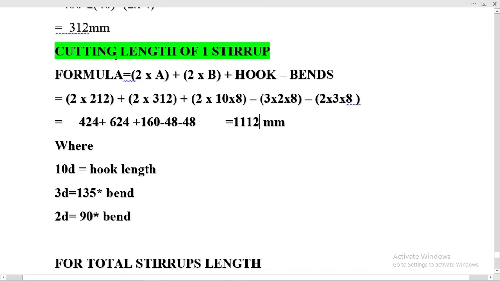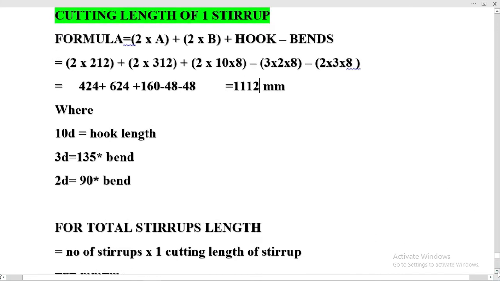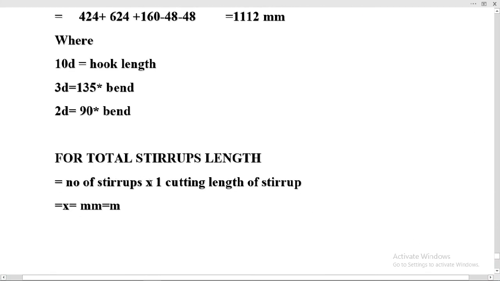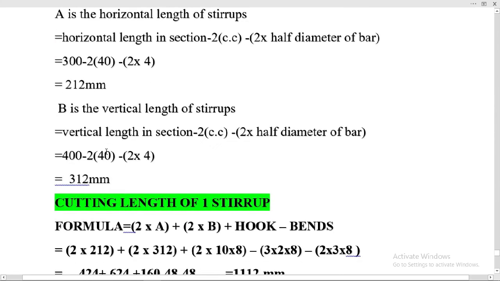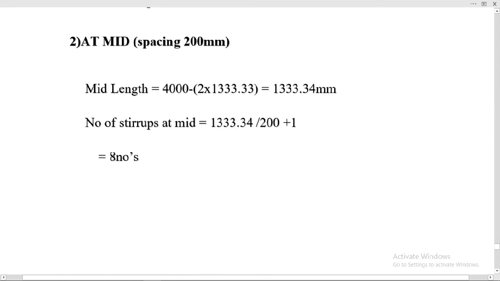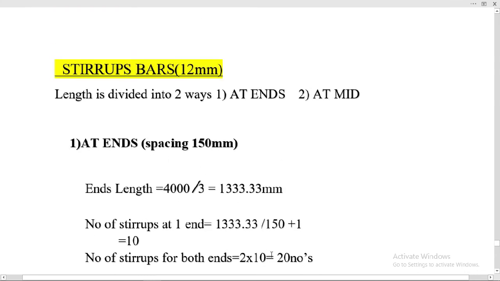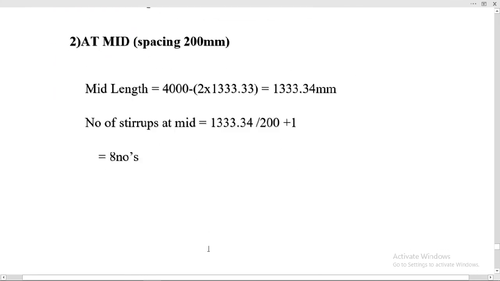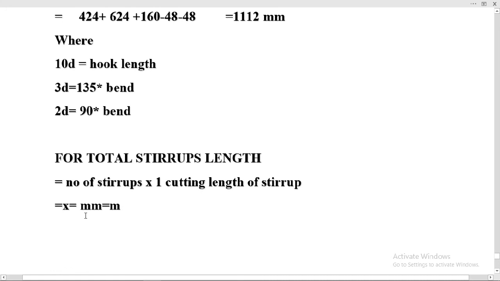So let's calculate the total cutting length required for all stirrups. Thus we will multiply the number of stirrups with the one cutting length of the stirrup. Number of stirrups, we have 20 plus 8, 28. 20 at the ends of the column and 8 at the midspan of the column.